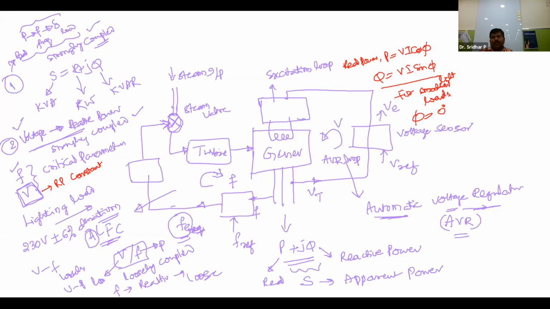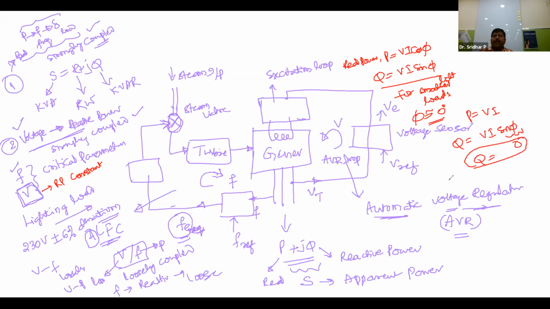Now for light loads or for resistive loads, the phase angle between them is 0 degrees or close to 0, not exactly 0. Then real power is directly V into I. Similarly Q is V into I into sin phi. Phi equal to 0 means sin phi is also close to 0. So Q is tending to 0.